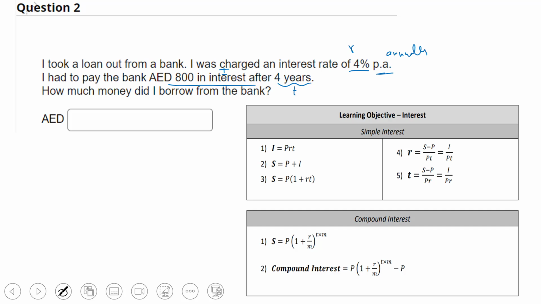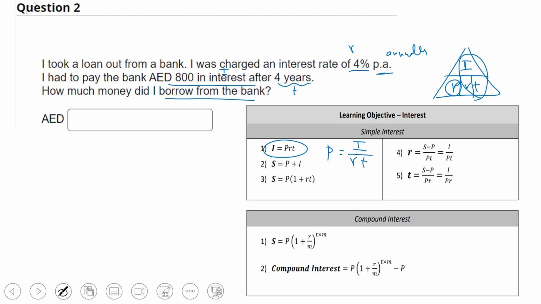He's looking for what? The principal amount. This is the amount he borrowed. So he's looking for P. Again, I'm using this triangle. If I'm looking for P, P will equal I over RT. I is here, PRT. So I'm looking for P, so it is I over RT.